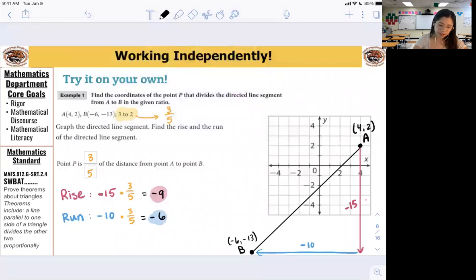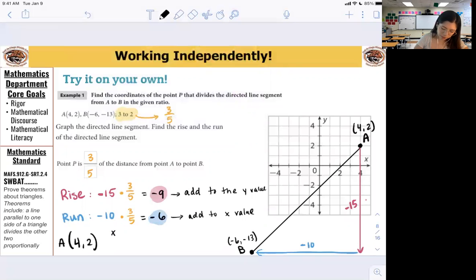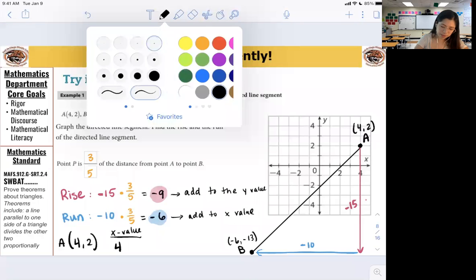Which number am I adding the negative 9 to? Which value? The x value or the y? Good, the y value. And then this one gets added to the x value. So again, point A started at 4, 2. So for the x value, I'm doing 4 minus 6.